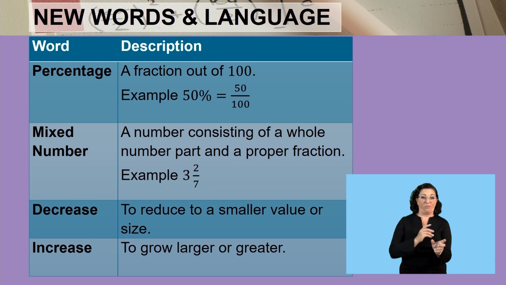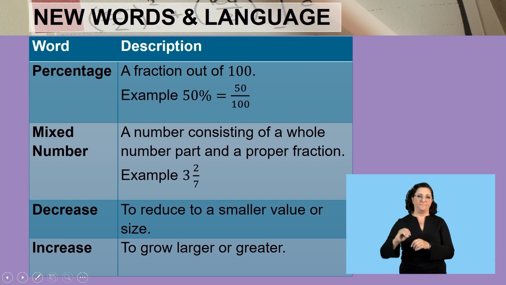An example would be 3 whole and 2 out of 7. The third word: decrease means to reduce a number to a smaller value or size. And the last word for this lesson would be increase: to grow a number into a larger or greater value or size.